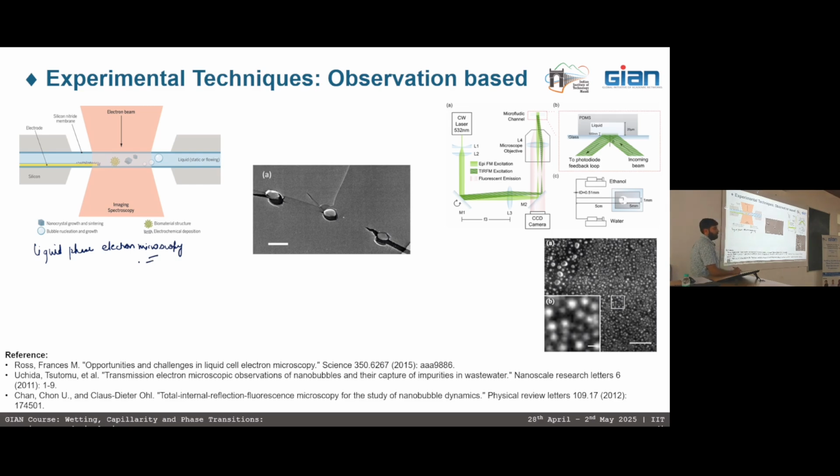In this technique, what we do is we observe the bubbles inside liquid. This liquid is not frozen, it is in liquid state. So we have to do some kind of nano fabrication so that we are able to encapsulate the liquid between 2 ultra thin films. Here we have a silicon nitride membrane, with thickness anywhere in the order of 25 to 50 nanometers.